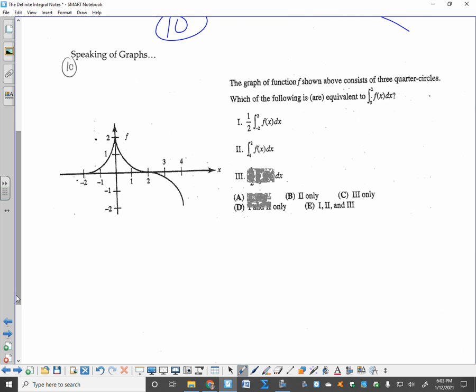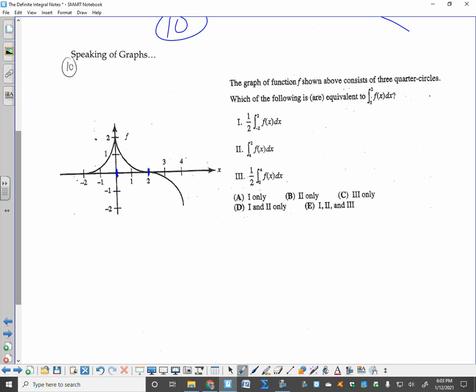Okay, speaking of graphs. Oh my, that's pretty. The graph of the function f shown to the left consists of 3 quarter circles. Which of the following is or are equivalent to the area from 0 to 2? So the area from 0 to 2. So first of all, that would be positive.